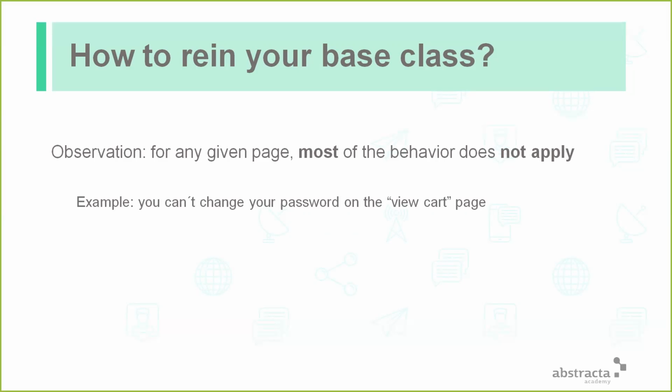A quick example that I imagined and wrote there: you can change your password on the view cards page. Assume we are on the Abstracta open card web page, on the home page or on the view card page. We can change the password there, but if we refer to a base class, we will have access to a public method to change password, but I can't change the password on the view card page.